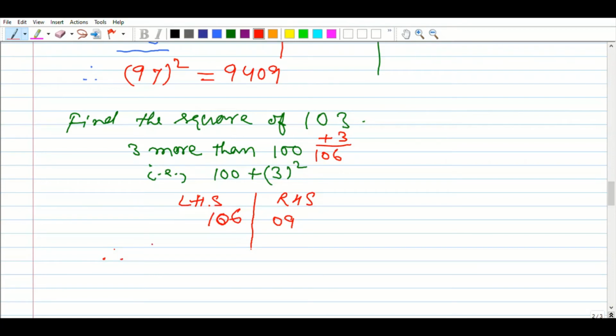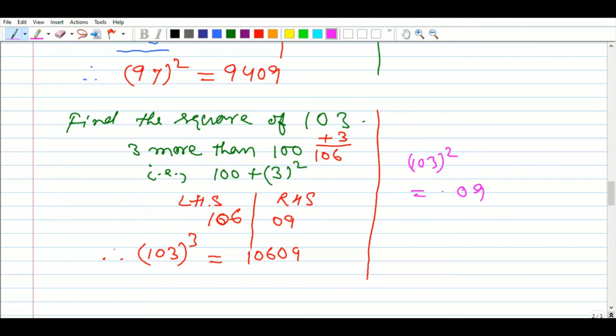So the square of 103 equal to 10609. After more practice we can do it in a second. Let's see now. 103 square equal to 09 and 106. For instance, another number 105 square, it will be 25 and 105 plus 5, it is 110.